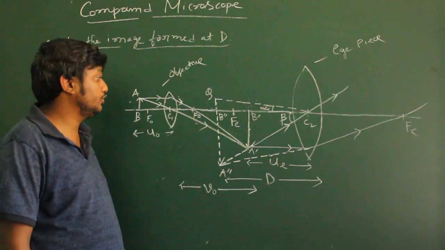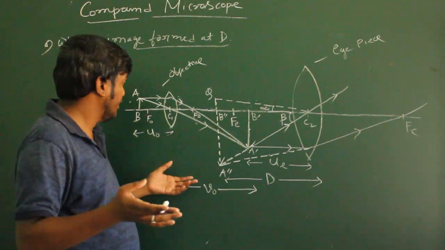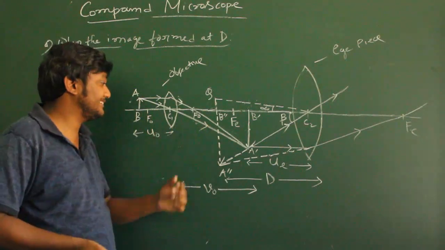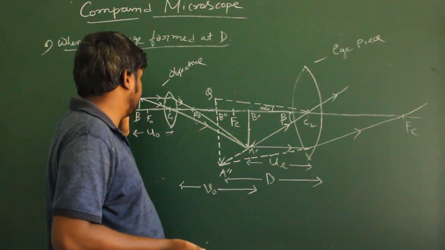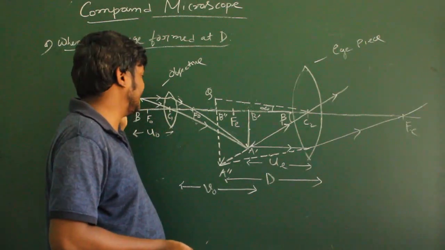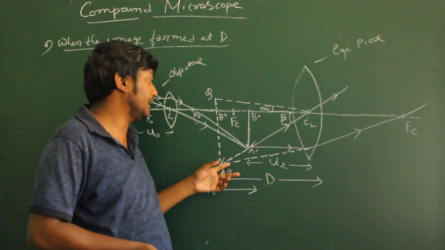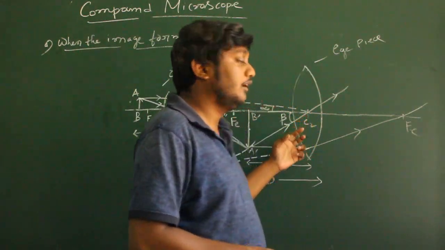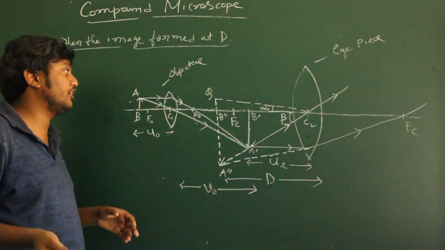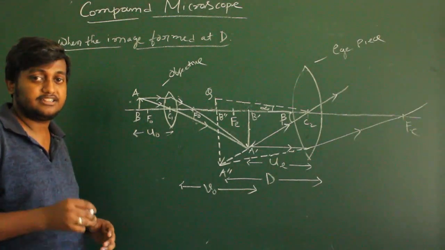Now we have to adjust these two lenses such that the image of this object AB is formed between the focus and optical center of the eyepiece. Listen carefully.